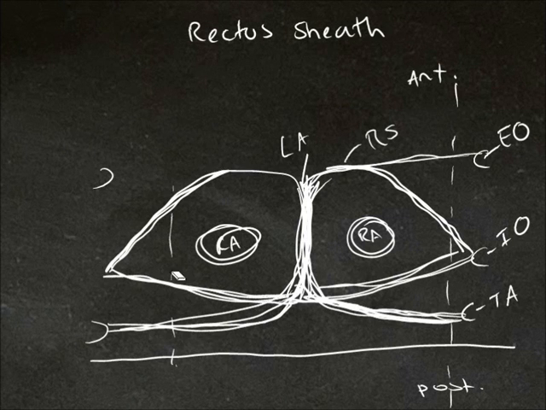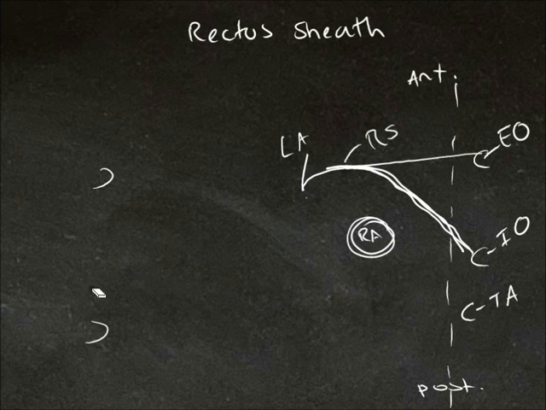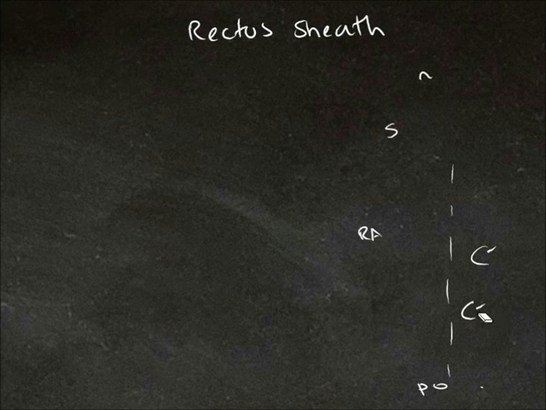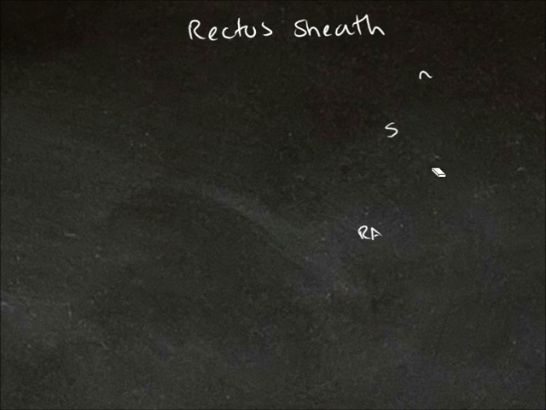I'll just show that from the front. So that was a transverse section of the rectus sheath. Now I'll draw an anterior view.